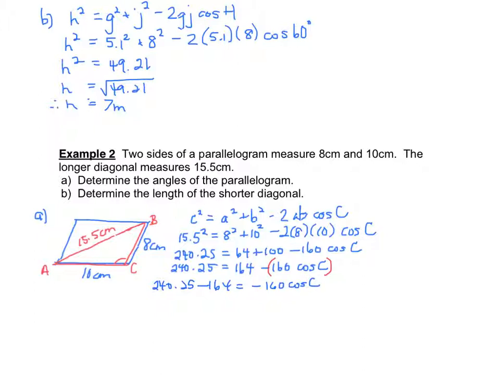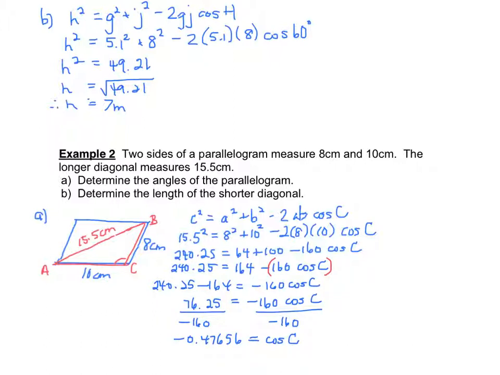Okay, so that gives us 76.25 on the left. Our next step will be to divide both sides of the equation by negative 160 to get cosine C by itself. Keep several digits after the decimal point. The more you round, the less accurate your answer will be.